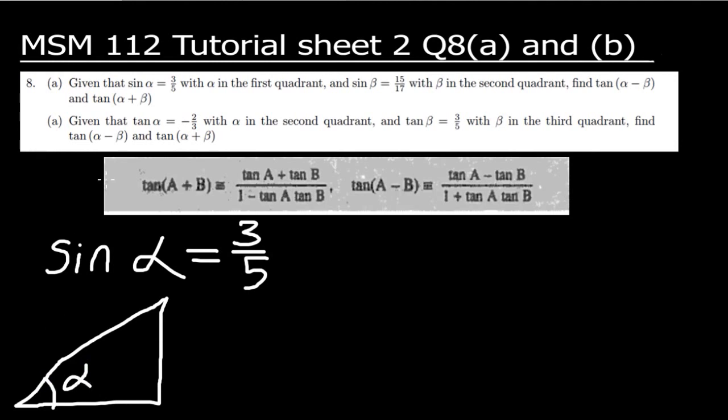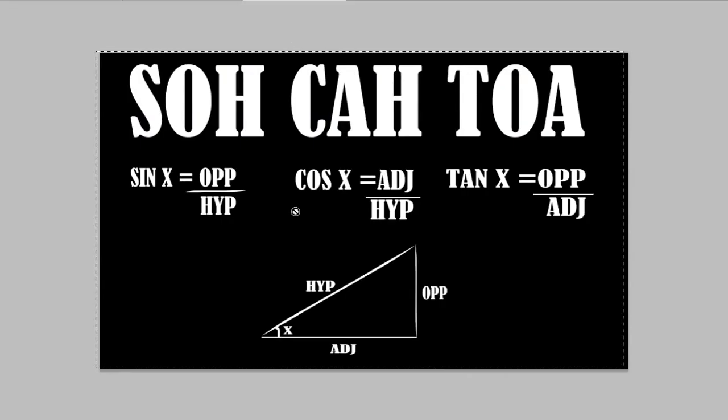Again, what you have to bear in mind is that when answering such questions, you need to know SOHCAHTOA. You need to understand what this means. SOH: sine x is equal to opposite over hypotenuse, then CAH means adjacent over hypotenuse, and TOA, opposite over adjacent.